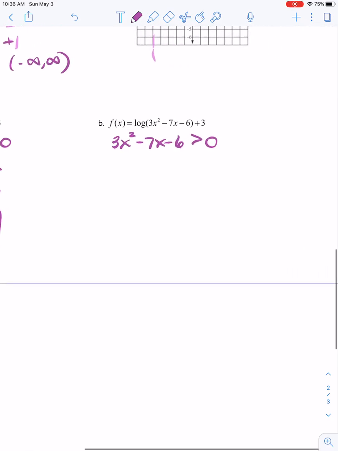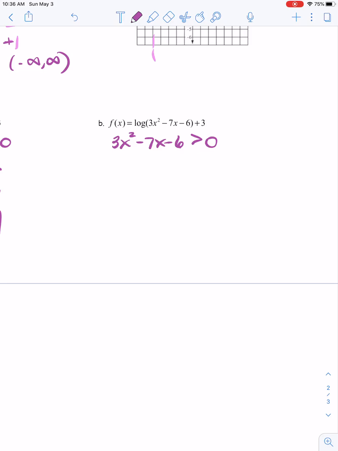Now over here for part B, setting our argument greater than 0, I'm going to have to factor the left-hand side. First thing I look out for is a GCF. It doesn't have one. So now I need to multiply my a value and my c value. So 3 times -6 is -18. I need factors of -18 that add up to -7. That's going to be a -9 and a +2.